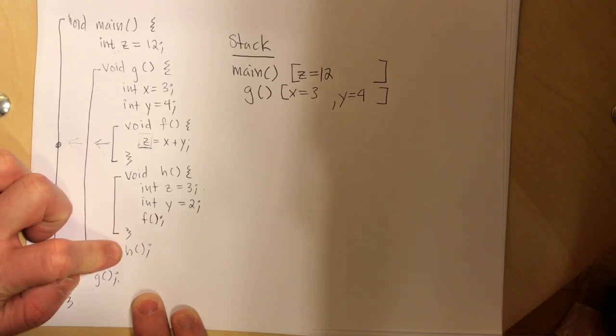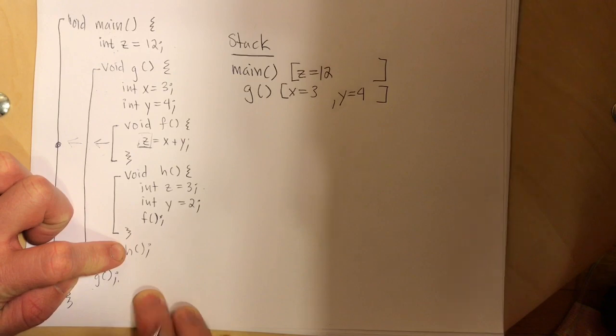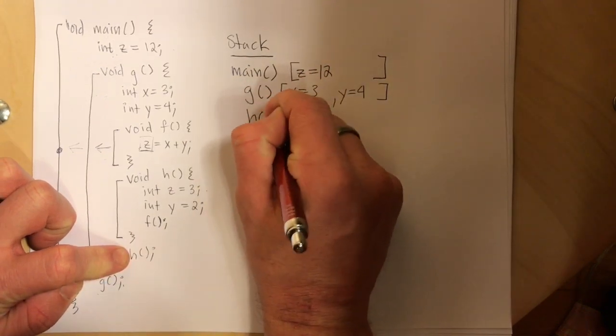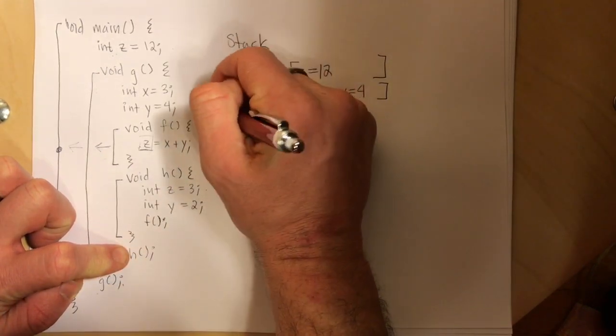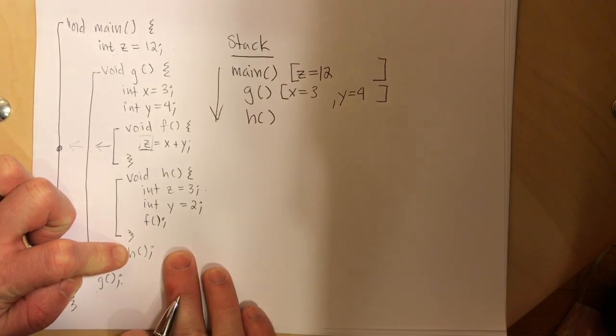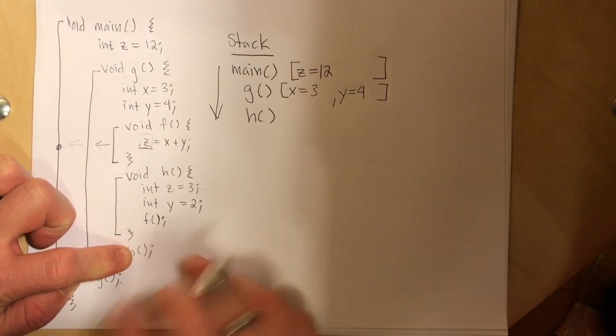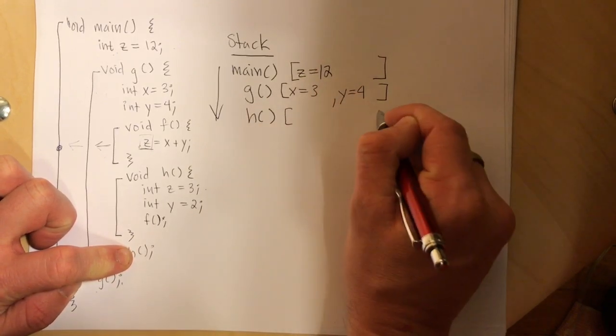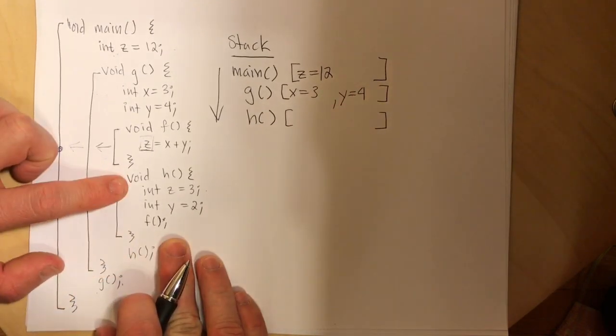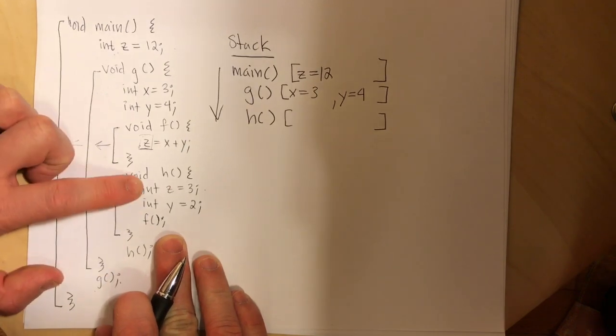And so the very next thing that we do is we run h. So we push h onto the call stack, and notice my stack is growing down, which is different from a lot of times when we draw stacks. We push h onto the call stack, give it a spot for its variables, and jump up to the definition of h and start running it.